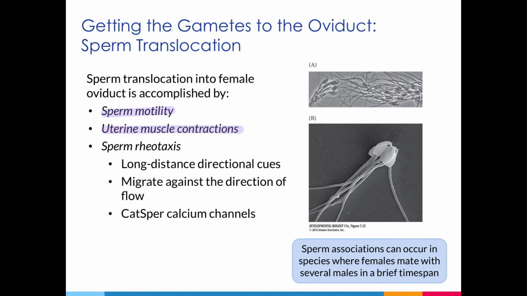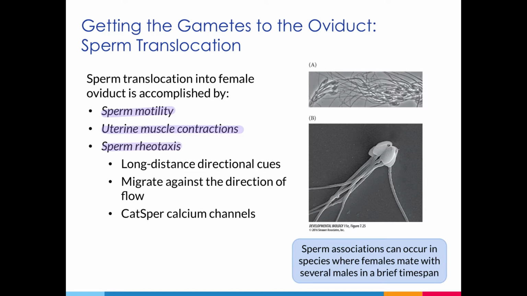Finally, another important process, and actually a very interesting process that aids the sperm to reach the vicinity of the egg, is sperm chemotaxis. This involves basically the sensing of a current by the sperm. The female reproductive tract has cilia that create a fluid flow, and the sperm use that fluid flow and migrate against that current in order to find their way to the egg.